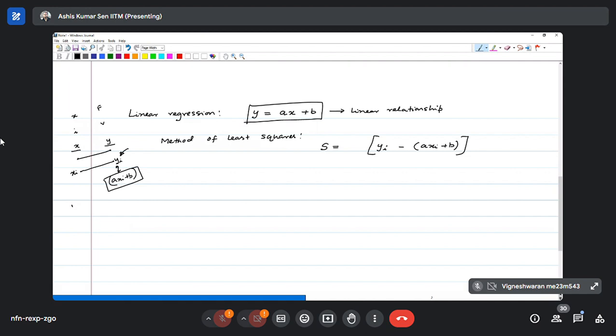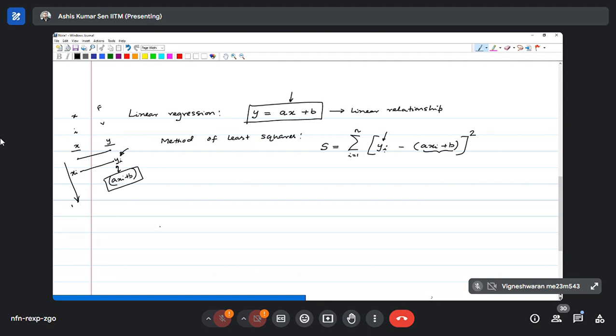What is that error? This is coming from the fit and this is the actual data. So the difference gives you the error. Now sum of the squares of error. So you square the error and then you do that for the entire n data points, right? So i equal to 1 to n. So this is the sum of the squares of the error for this data set.